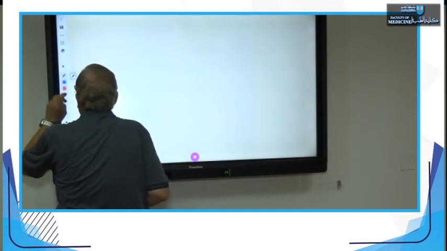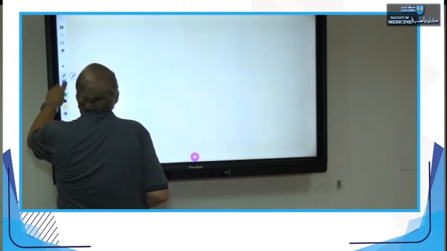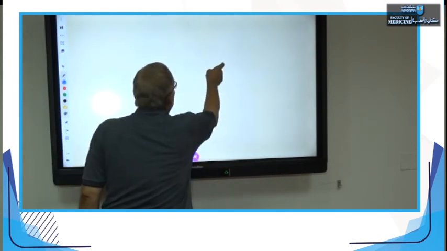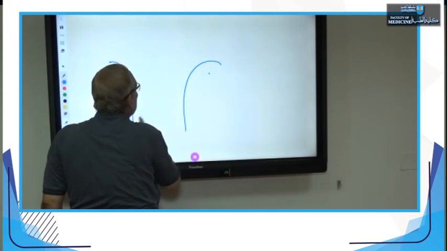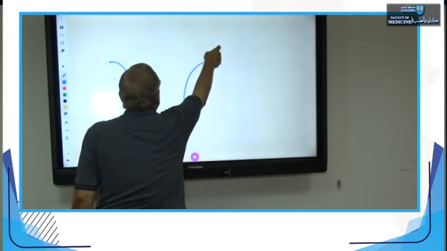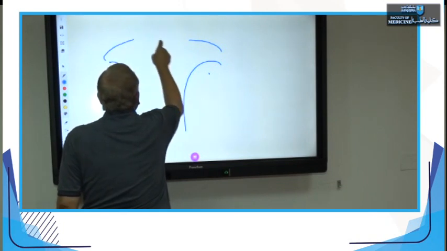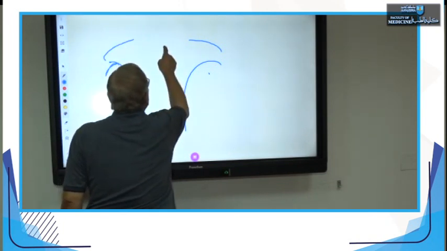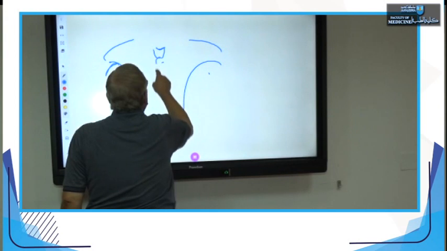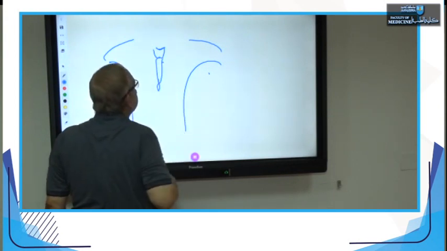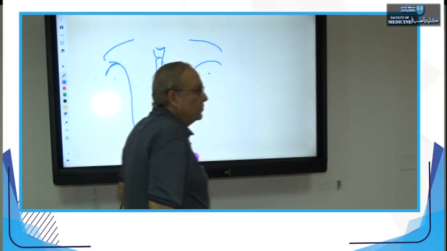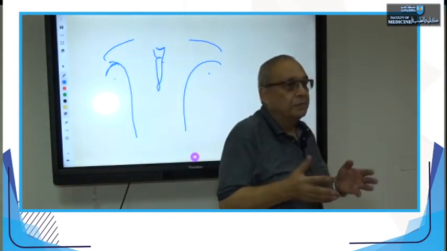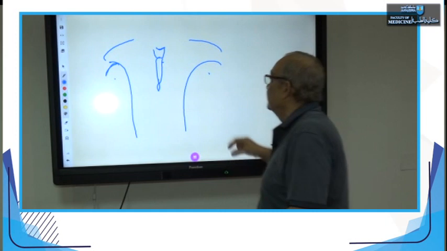So again, it is a mass of superficial fascia occupying the pectoral region, and it has a part that pierces the base of the axilla. This is the deep part and it's called the axillary tail.